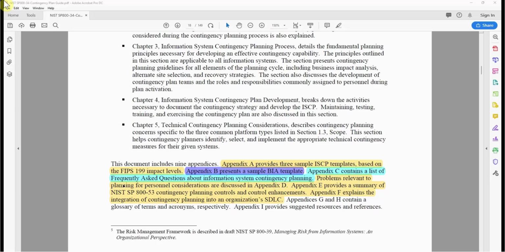Problems relevant to planning for personnel consideration are discussed in Appendix D. And likewise, Appendix E provides a summary of NIST Special Publication 800-53 Contingency Planning Controls and Control Enhancements, whilst Appendix F explains the integration of contingency planning into an organization's SDLC, Software or System Development Life Cycle.